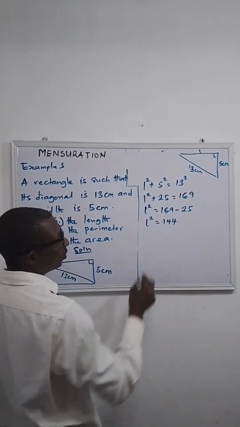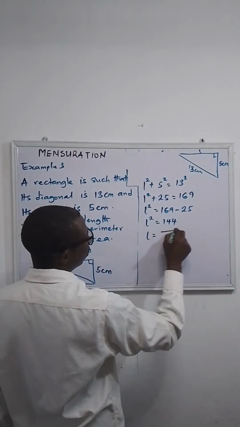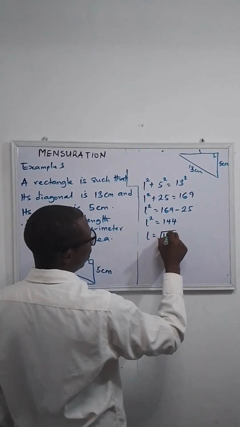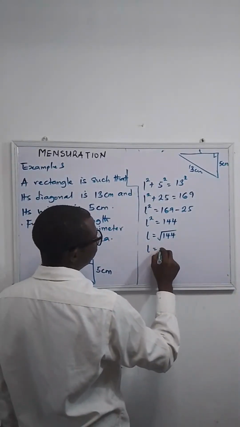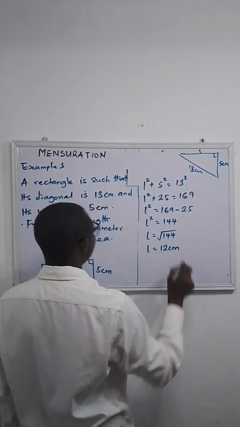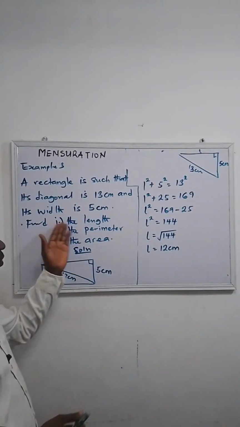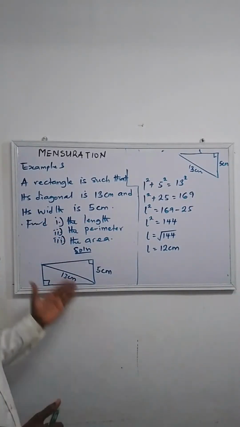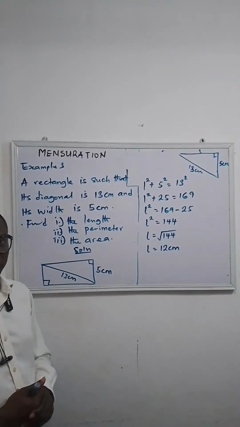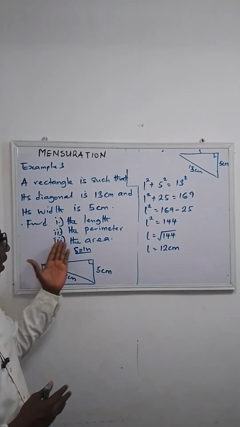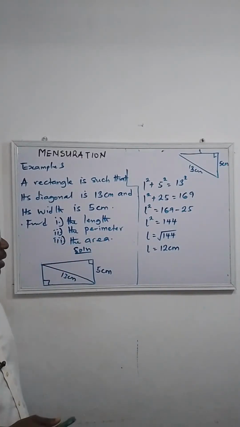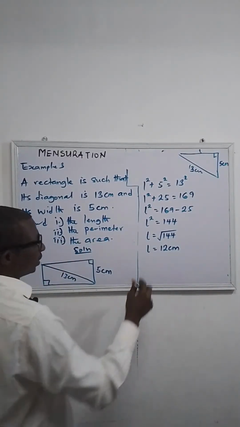We take the square root of both sides. L equals square root of 144. Therefore, L is 12 centimeter. So we have answered the first part of the question. We have gotten the length of the rectangle.